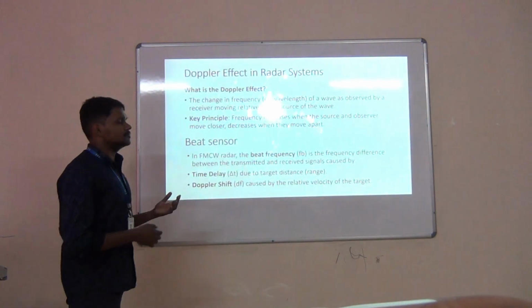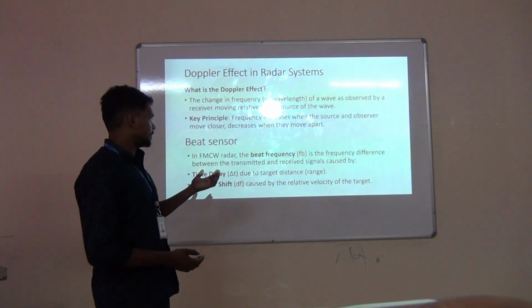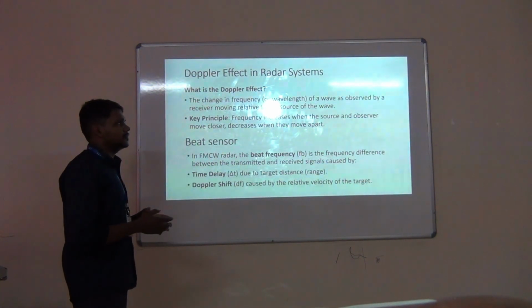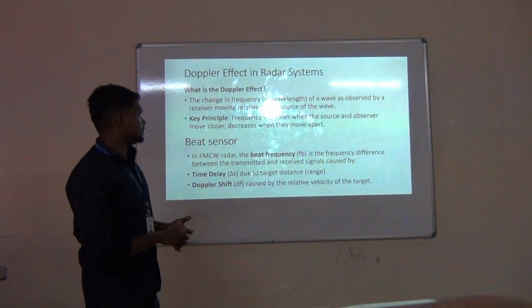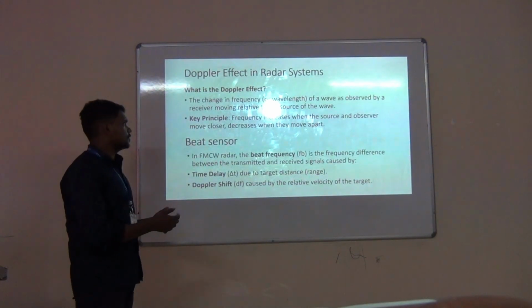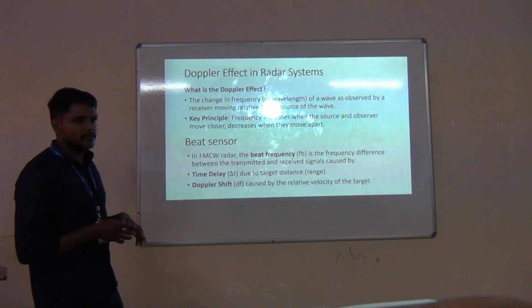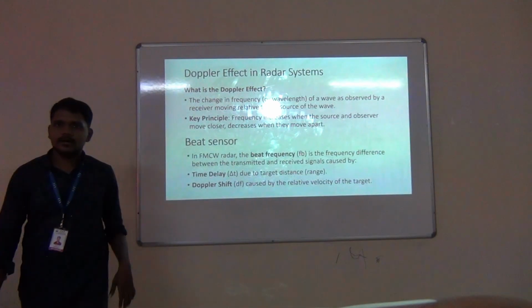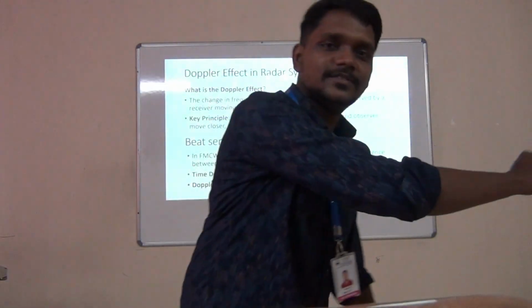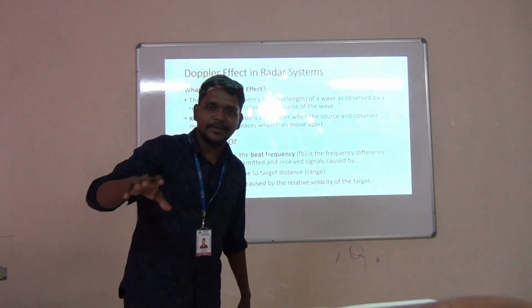As I discussed before, the Doppler effect and beat frequency. The Doppler effect is the change in frequency of a wave as observed by a receiver moving relative to the source of the wave. If I make a sound here, the sound changes, but the amplitude remains the same.